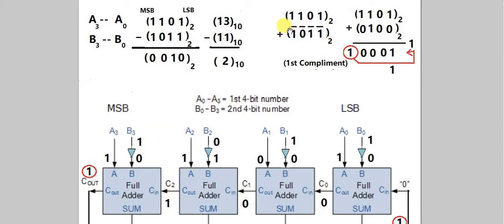The complement of 1011 is 0100. Now we add these together: 1 plus 0 is 1, 0 plus 0 is 0, 1 plus 1 is 0 with carry 1, 1 plus 0 is 1, and 1 plus the carry is 10.